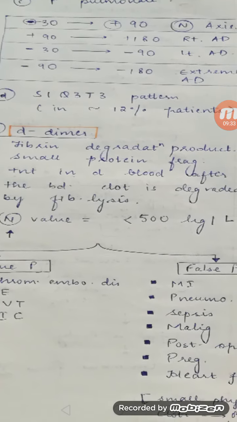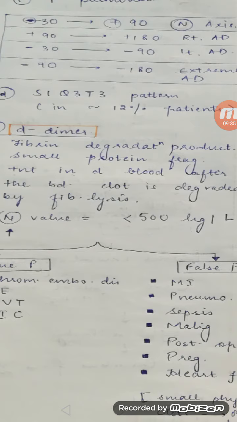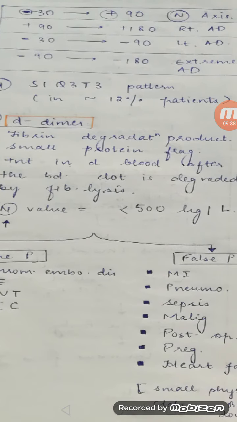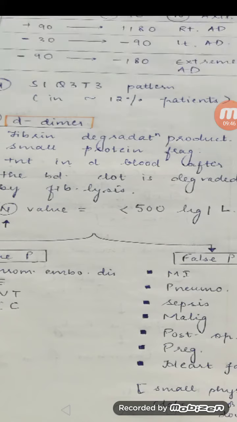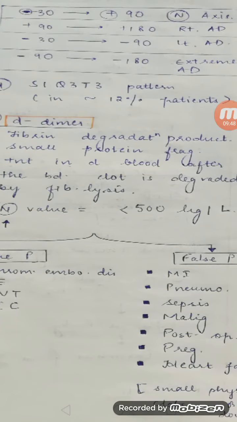Another very important thing will be the S1Q3T3 pattern, which is seen in around 10 to 12% of the patients, but it is characteristic. If they ever ask you about the S1Q3T3 pattern in an exam, they give you an ECG strip in an image based question, and they also hint that there is a deep S wave and a deep Q wave, and there is a T inversion.